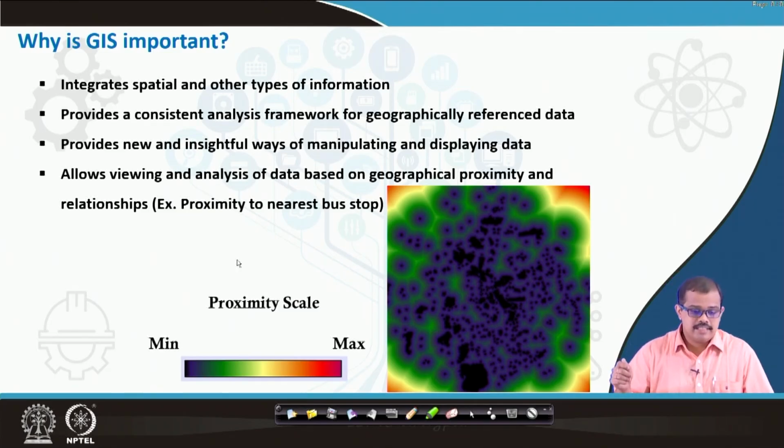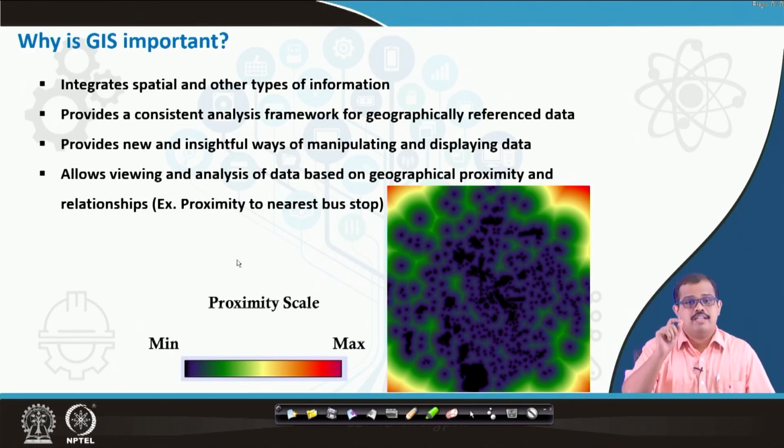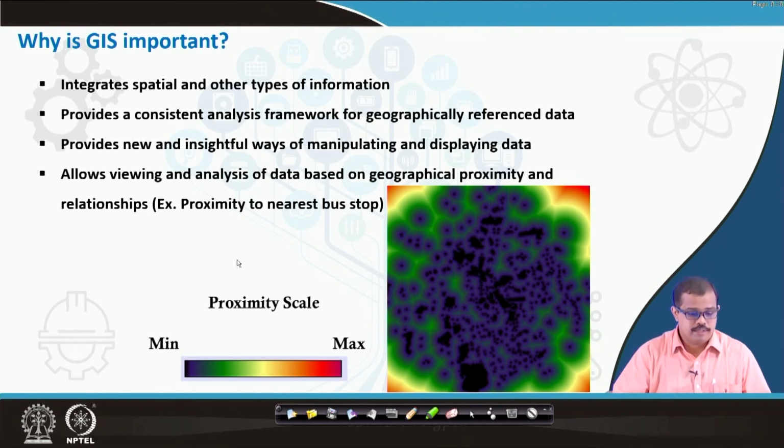When you look at GIS as an important tool, it provides a consistent analysis framework. You can do all sorts of spatial analysis using geographically referenced data, which means you know where the spatial data is, which location you are looking at, and what analysis you are trying to do. Correlating all this gives you meaningful information.